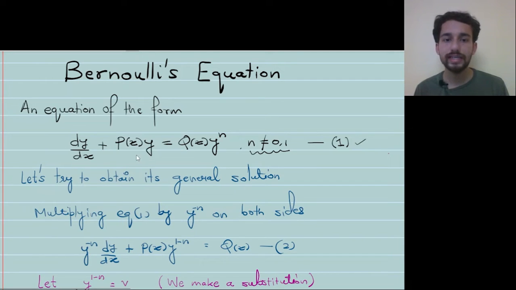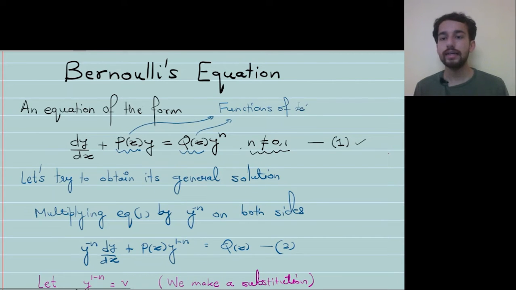Now try to see here that this p as well as this q, both are functions of x, that is, they are functions in the variable x. They may be constant also.